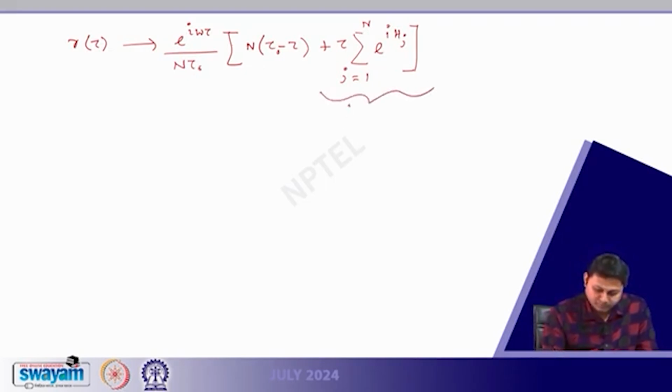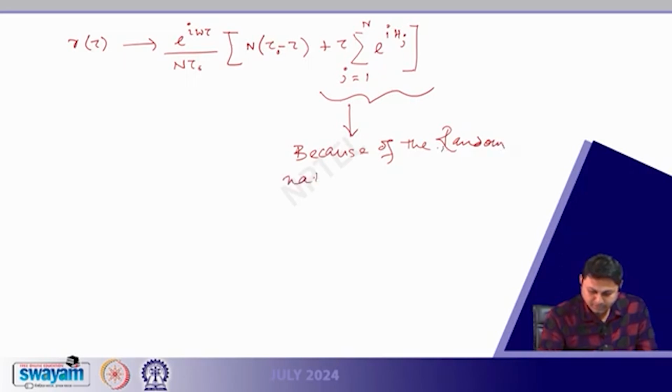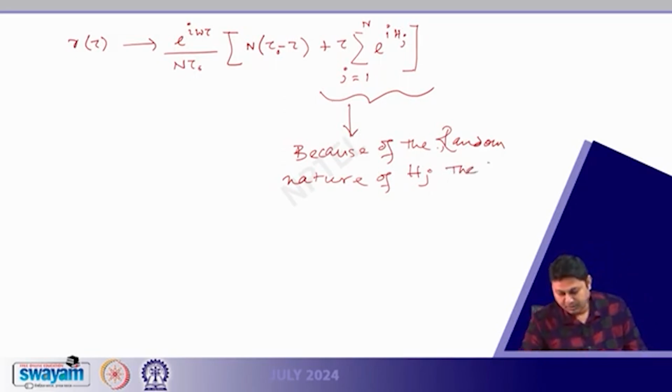So I should write, because of the random nature of h j, the summation should vanish for large n, sufficiently large n, this quantity should vanish.